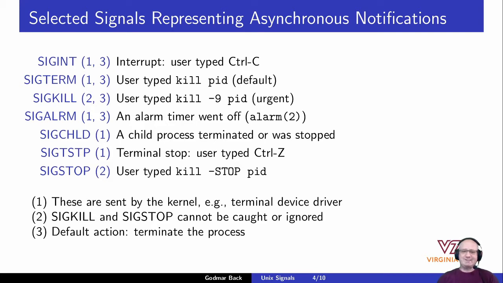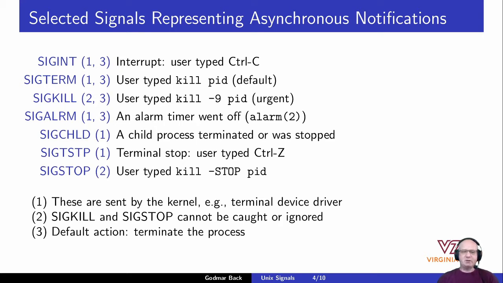When you type Control Z instead of C to stop a process temporarily, that is mapped to the SIGTSTP signal. And then it's also possible to kill -STOP a process, and that sends the SIGSTOP signal, which is different from the SIGTSTP signal, which is sent when Control Z is typed.